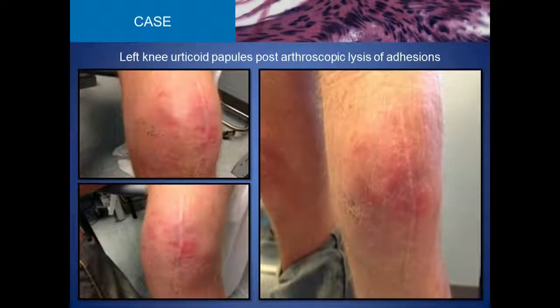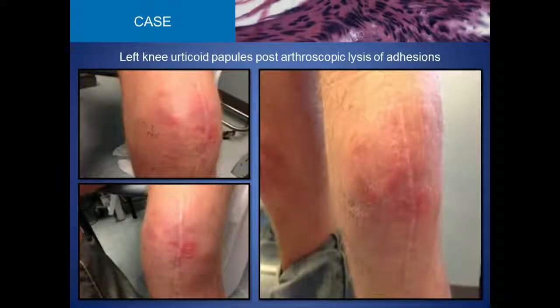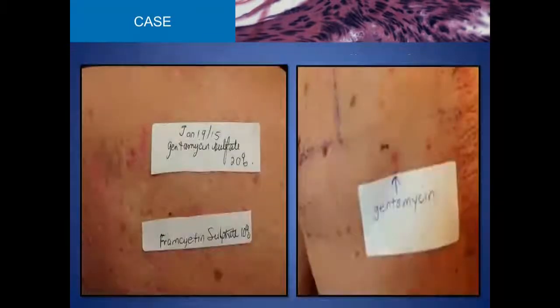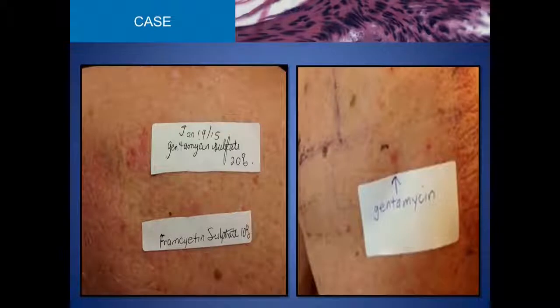A biopsy was done, and I don't have the results, but I think it did show spongiotic eczematous changes. So he was sent for patch testing. At the time, I didn't have tobramycin to test to. I do now. But he had a little bit of a reaction, not a big one, to gentamicin and framycetin, which are aminoglycosides, and to neomycin also on the standard series.